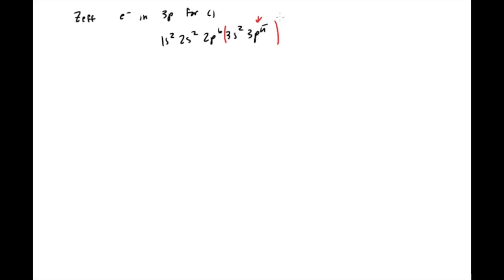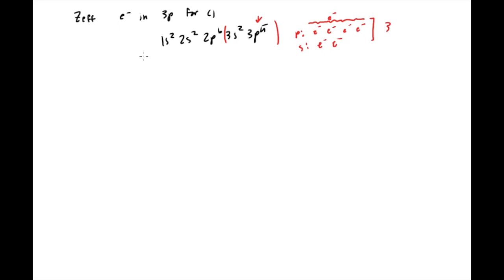Because we're talking about one electron of the 5 that we have, we know that these other electrons are the ones that are contributing to the shielding. So we have 4 from the p, and we have 2 for the s in the energy level 3.